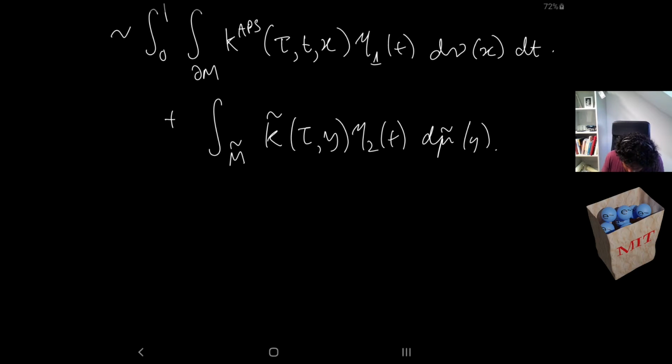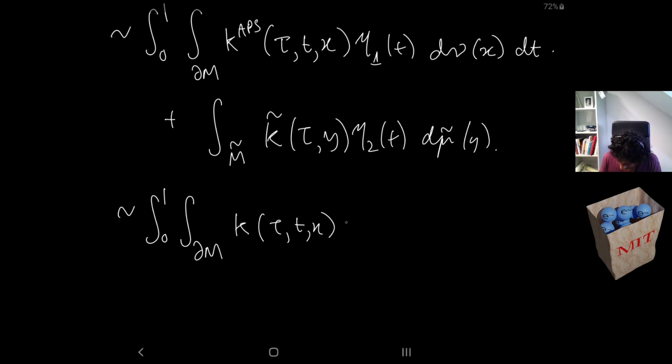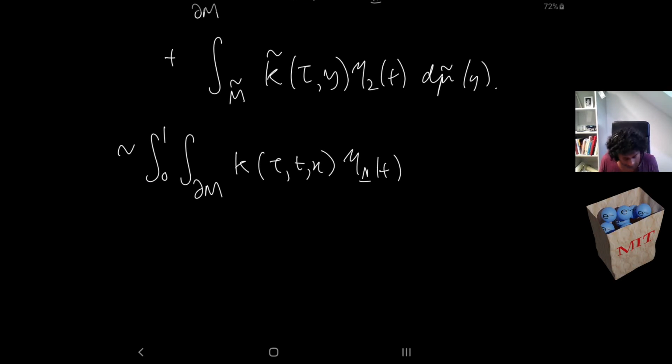So now what happens is that this expansion is asymptotically similar to the K tau t x, and we can still keep the eta. So this is d mu x dt, and now this is just the integral over M, K tilde.